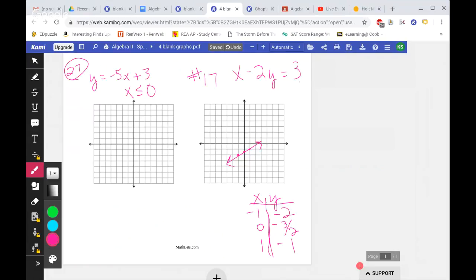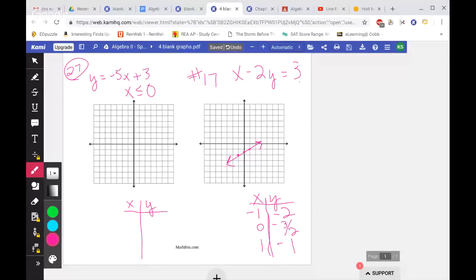So does that mean I can pick the numbers 1 or 2 or 3 or 4? If they limited my domain to all numbers less than 0, is 1 a possibility, or 2 or 3? No, ma'am. That's right. It's not. Good job, guys. It is not a possibility. I have to pick numbers that are less than or equal to 0.